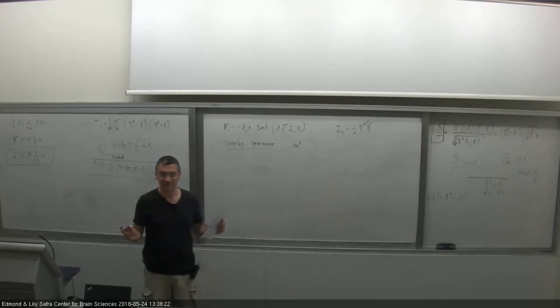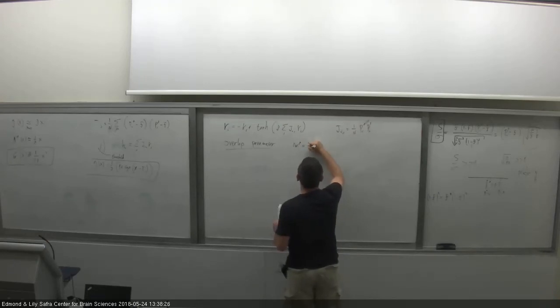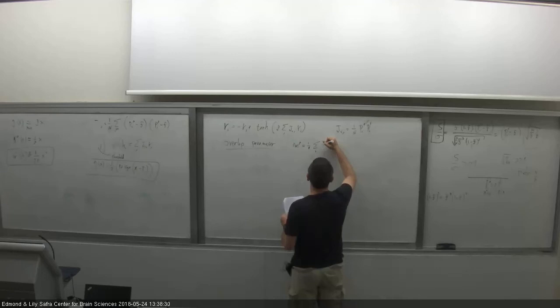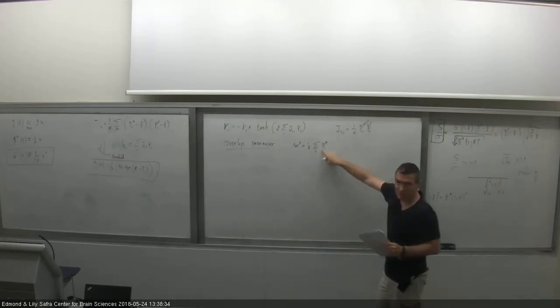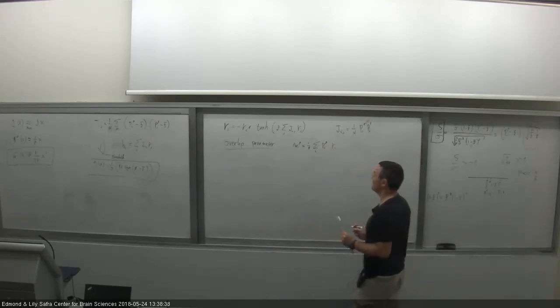How similar is it? It is defined as 1 over n, sum over all neurons in the network, of the product of the memory pattern with the pattern of activity.